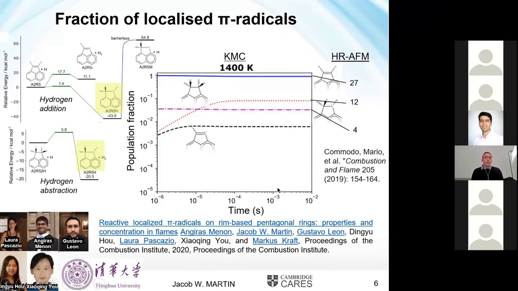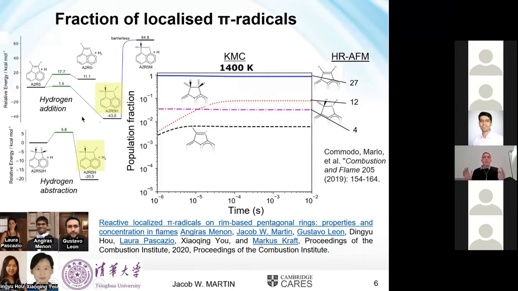And I guess the first question you could ask is, are these species present in the flame? So what we did here is we created a reaction mechanism for the rim-based pentagon, looking at all the ways that hydrogen can be added, but also abstracted from it.